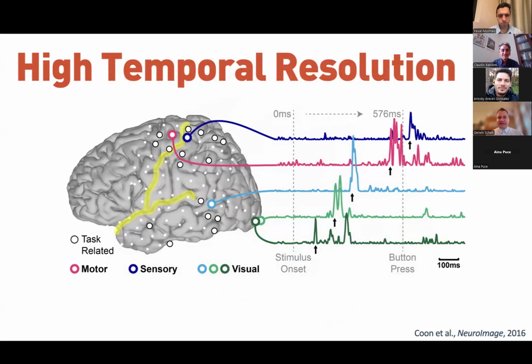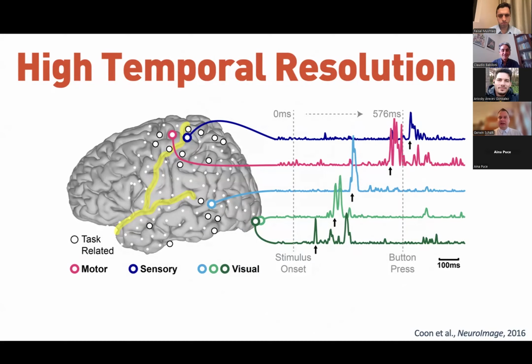This is just an example of brain signals, ECOG signals, related to a visual motor task. The subject sees a visual stimulus and then has to respond with a button press. What you see here is a very timely progression.